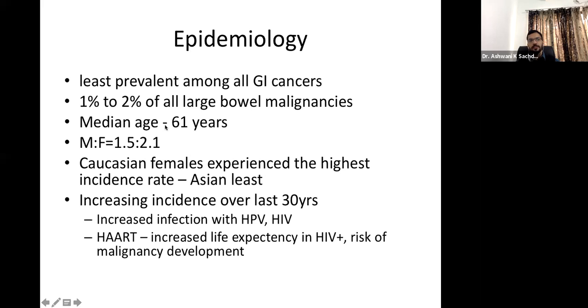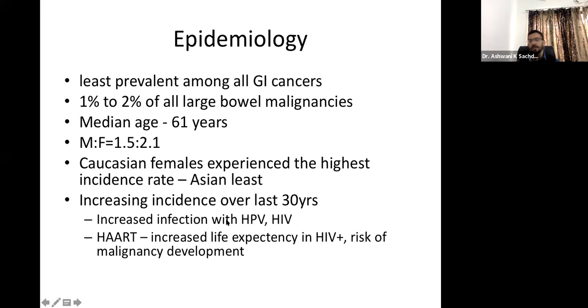Epidemiology of anal canal cancers: it is the least prevalent among all GI cancers, and 1 to 2% of all large bowel malignancy is constituted by anal cancers. Median age is about 61 years, and they are slightly more common in females, especially Caucasian females, with less incidence among the Asian, both males and females.